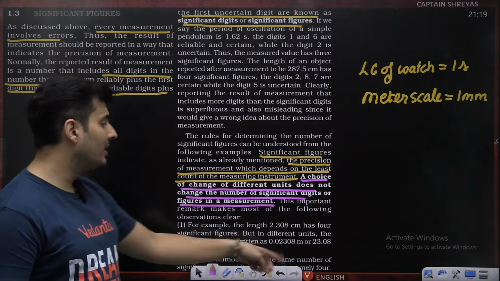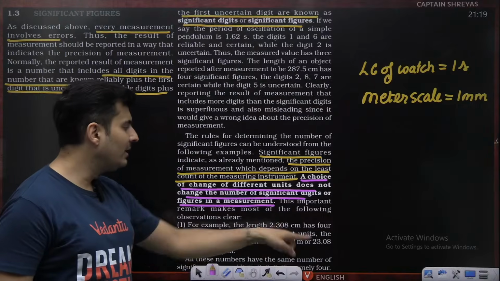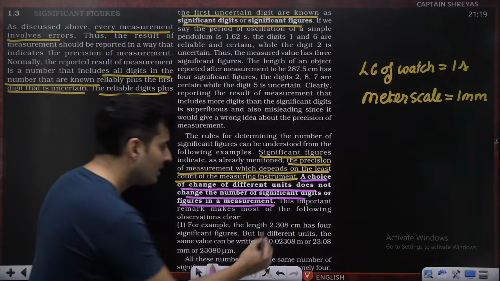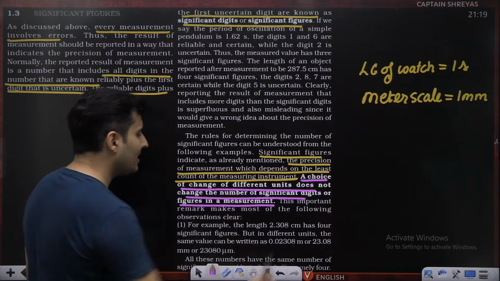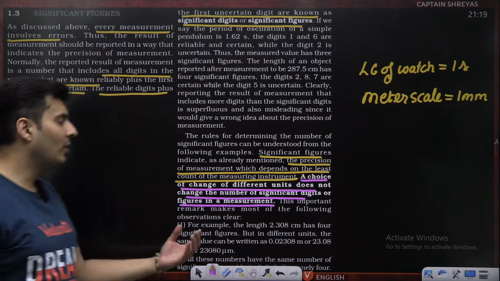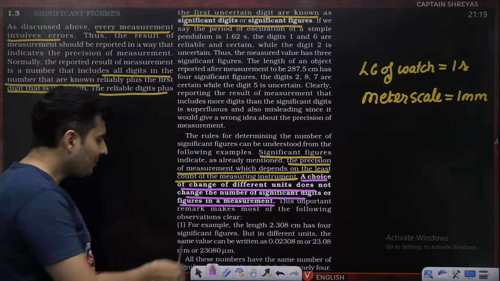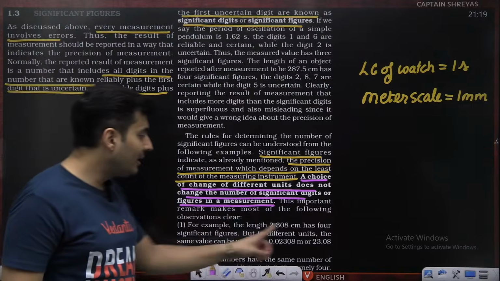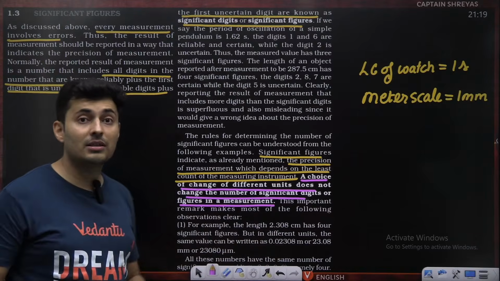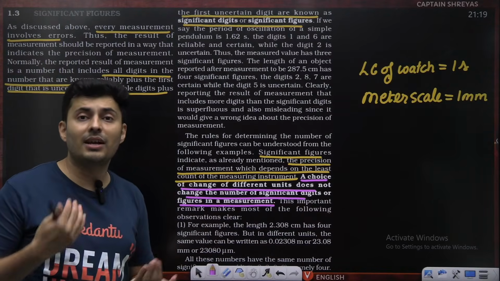And you can also measure it in millimeters. Centimeter to millimeter conversion means you will shift the decimal one place, so it will become 23.08 millimeters. Or you can also measure it in micrometers, 23080 micrometers. Even if I write it like this or like this, do not think the significant digits have changed.